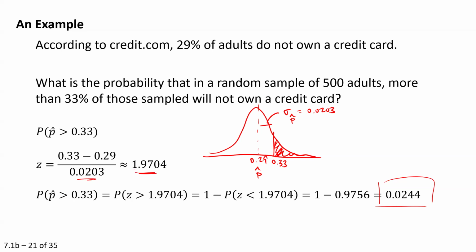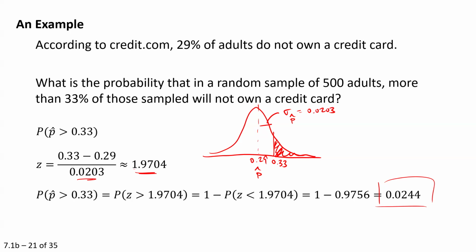Is it possible that more than 33% of them are going to say they don't own a credit card? You might be thinking that it's unlikely, and you'd be right. But there's a difference between impossible and unlikely.